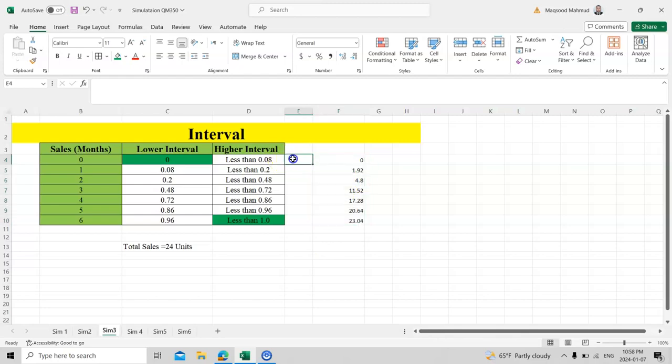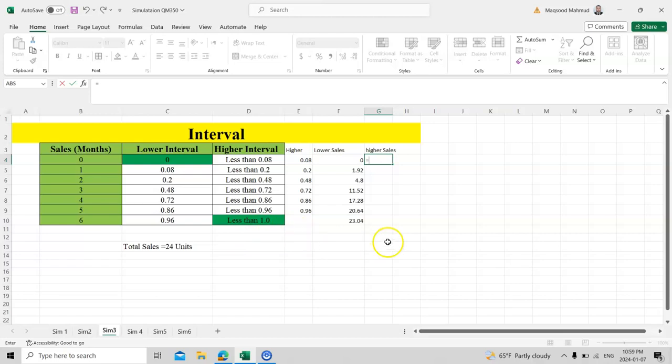If you want to go for the higher probability, you can use, for example, 0.08, 0.2, 0.48, 0.72, 0.86, 0.96. So these are the higher ones, and this is for lower sales. The higher sales need a high probability, right?